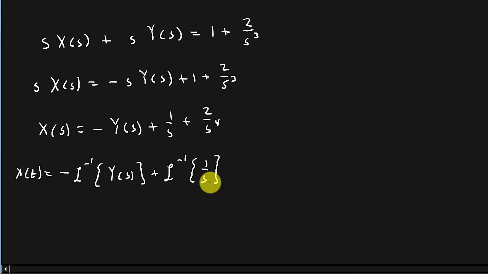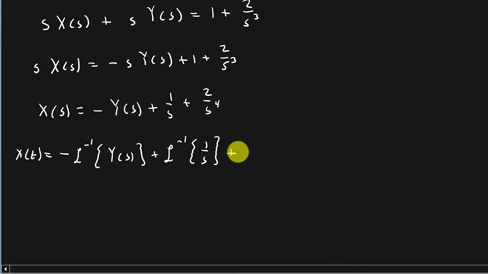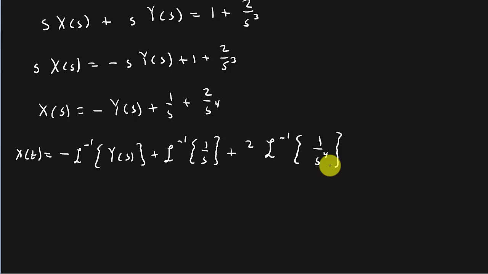I know I might be going through this kind of slow, but I'm just trying to be real careful because I do not want to make a mistake and mess this thing up because it's a long problem.